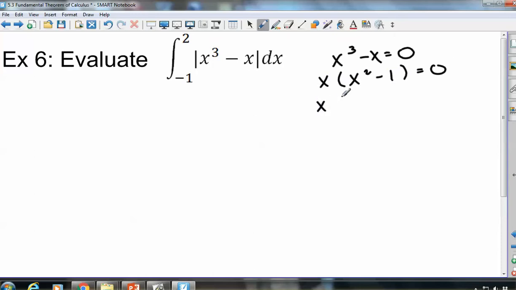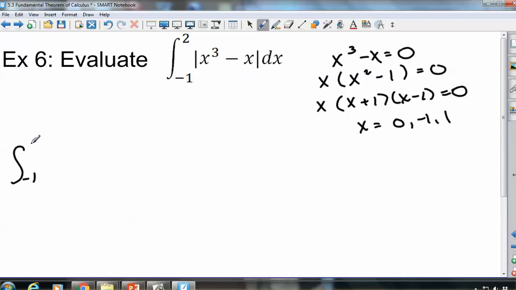How do you break apart x squared minus 1? So this equals 0 at 0, negative 1, and positive 1. Yes, isn't that fun? Now, lucky for you, I guess, the negative 1 isn't really going to make an impact because that's where I'm starting.